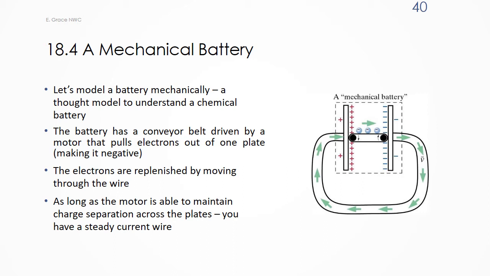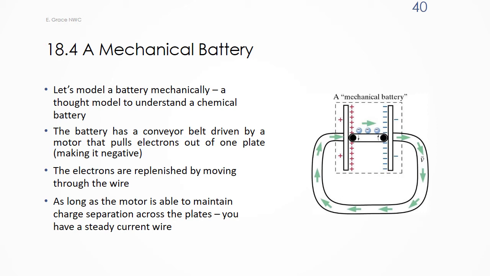All right, so you can think of a battery. We know we've got a positive plate and a negative plate. You could think of the battery having a little bit of a conveyor belt between the two plates, pulling the electrons off the positive plate, making it more positive, and then depositing them on the negative plate. And then these deposited electrons would then repel and push the electrons around, replenishing the pulled out electrons from the positive plate.